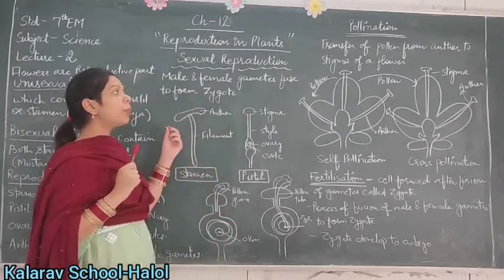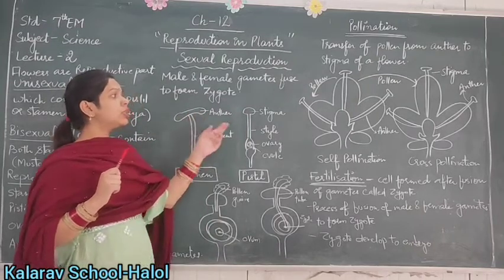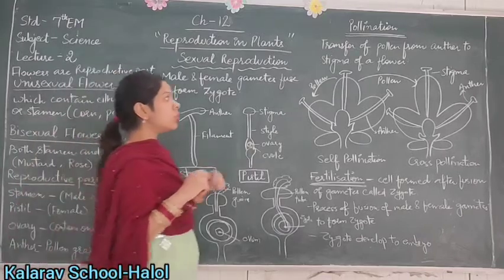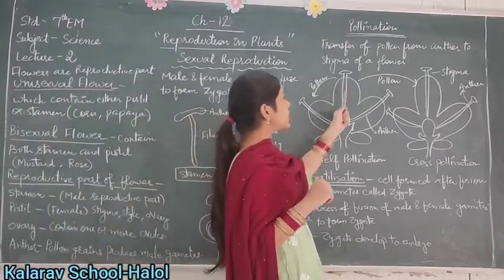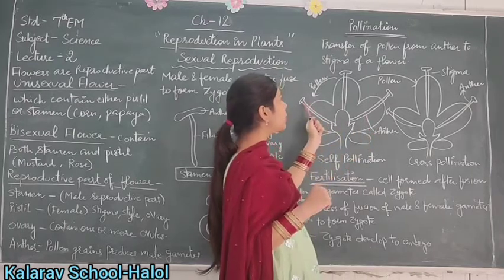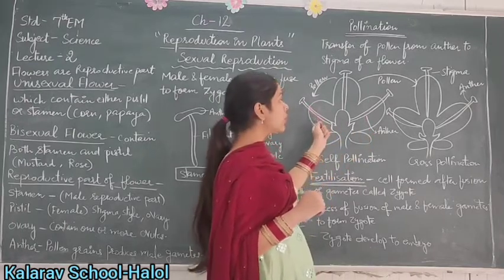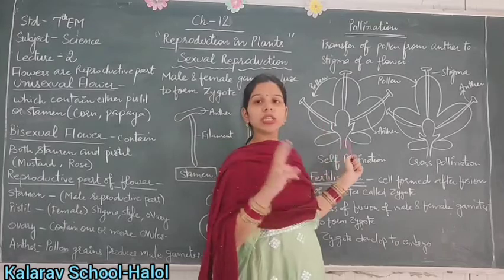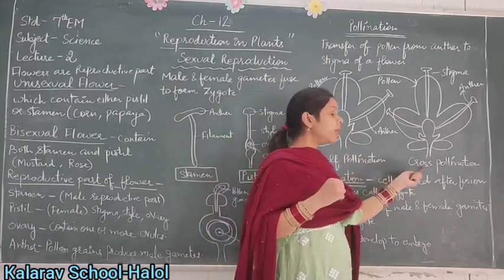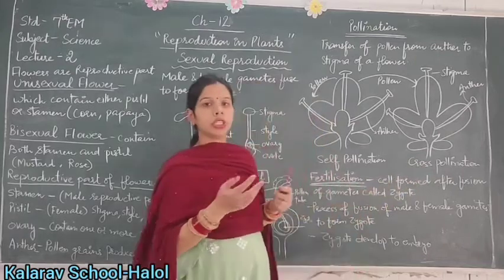The transfer of pollen from anthers to stigma is called pollination. Pollination is of two types. Number one, self-pollination. Number two, cross-pollination.